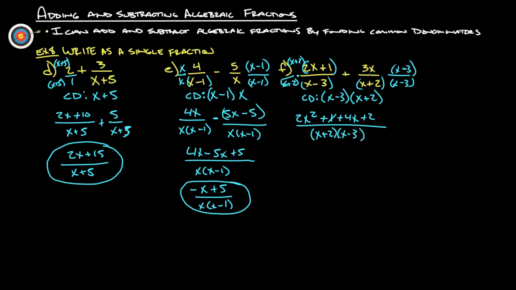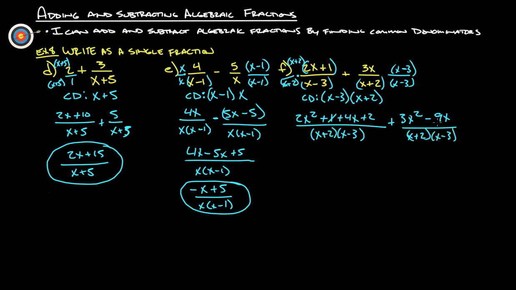And then this one over here, 3x times x. So this is plus. We got 3x times x is 3x squared. 3x times negative 3 is negative 9x. All over the same common denominator, the x plus 2 and x minus 3.